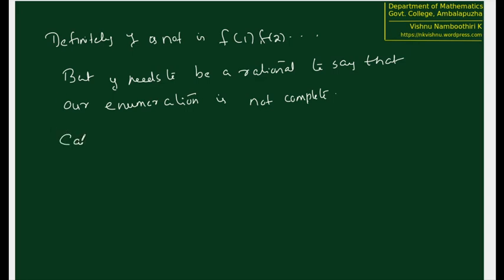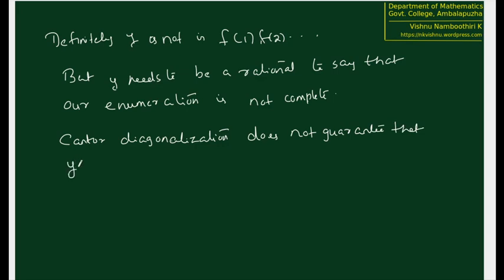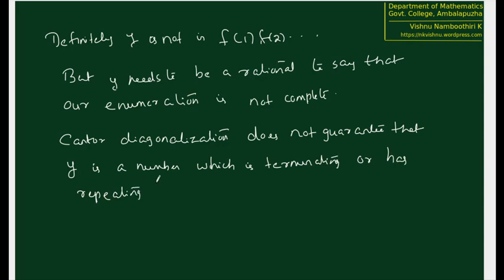So Cantor diagonalization does not guarantee that y is a number which is terminating or has a repeating block of digits.